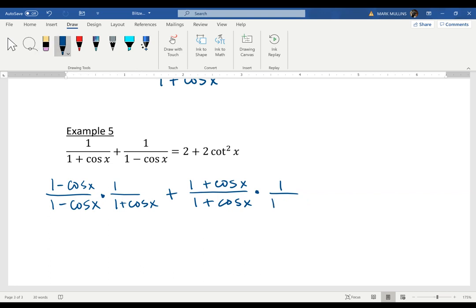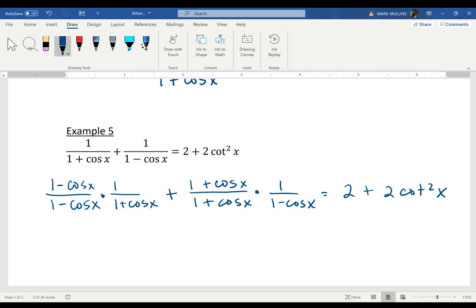And this is going to equal 2 plus 2 cotangent squared of x, hopefully. So this might be a good time to just write down what that identity is with the cotangent.